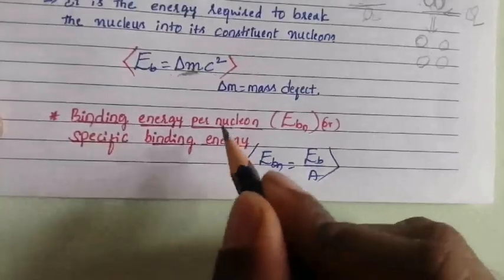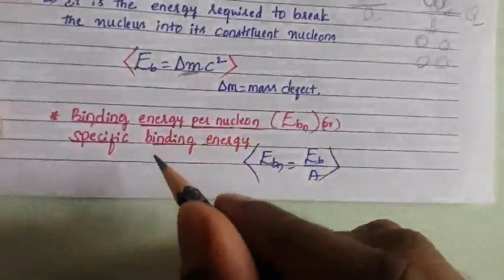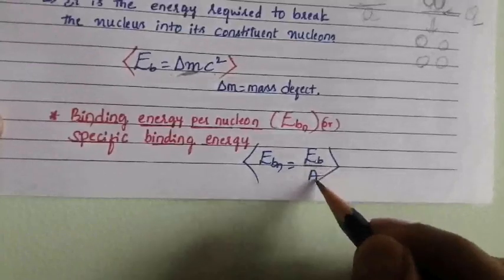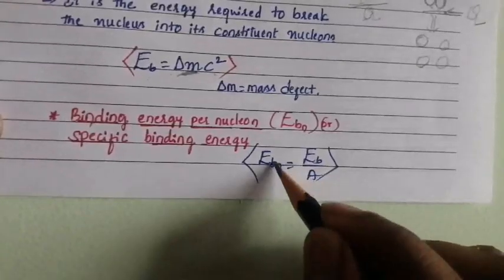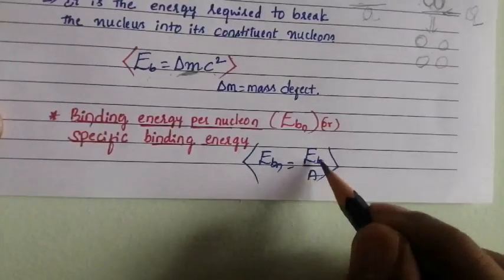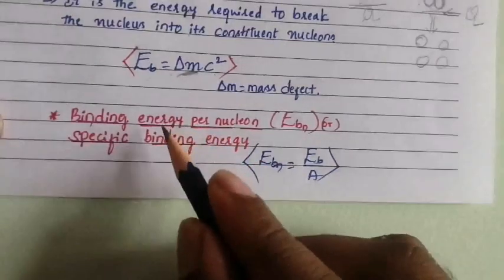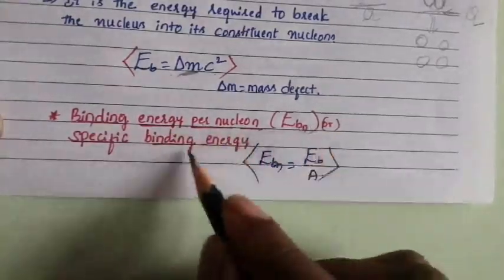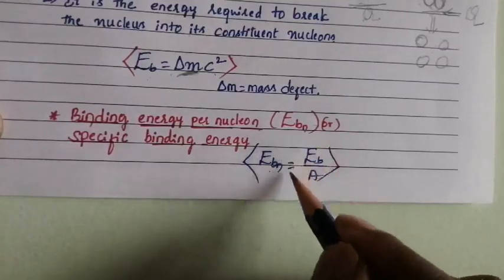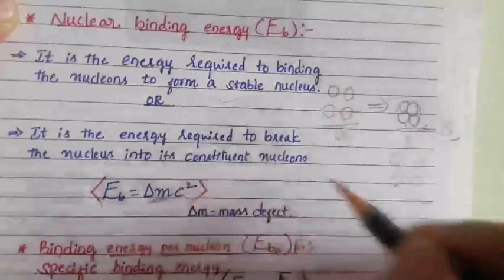This is the binding energy of individual nucleons, called as specific binding energy, or it is the ratio of binding energy to the mass number, that is denoted by EBN. EB is nothing but binding energy, EBN is nothing but binding energy per nucleon, called as specific binding energy. So this is for individual nucleons. So this is for the whole nucleus.